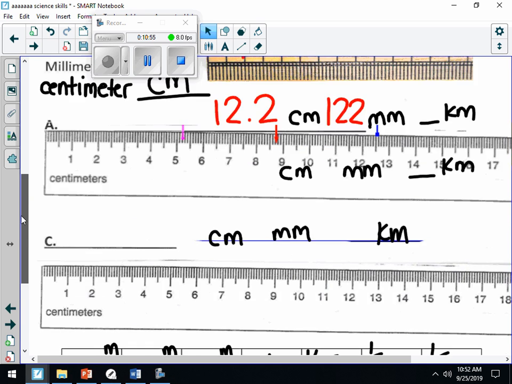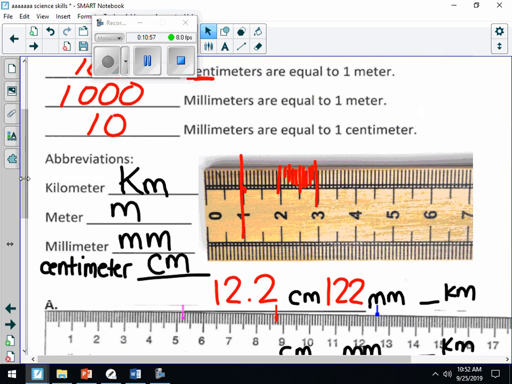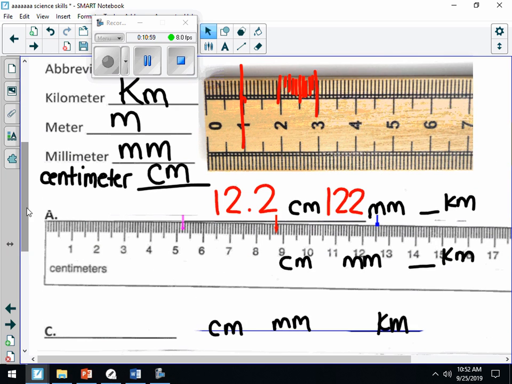That's the only hint I'm giving you. But there are more millimeters, so use your common sense. Is this number going to be a big number, kilometer, or small? Use your common sense. Is this line a whole kilometer? No. So the number is probably going to be really, really tiny, small.